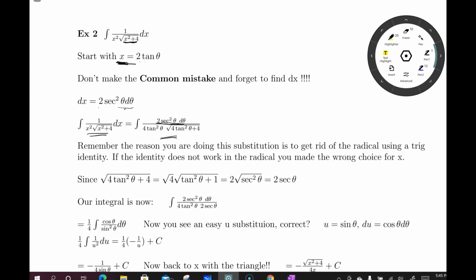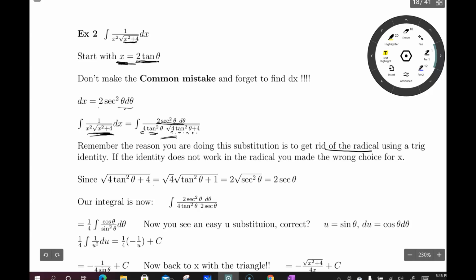The x squared gets replaced with 2 tangent theta squared. So that gives me 4 tangent squared. And then under the radical, the square root of x squared plus 4, so I'd have 4 tangent squared theta plus 4. Remember, you're getting rid of the radical, so focusing on that. So I just pulled it off to the side.